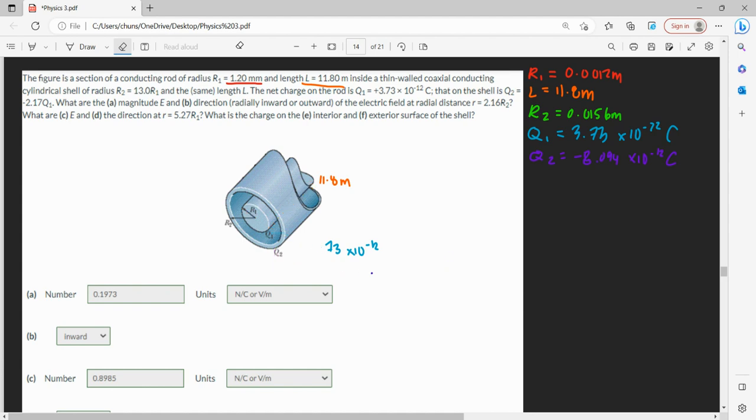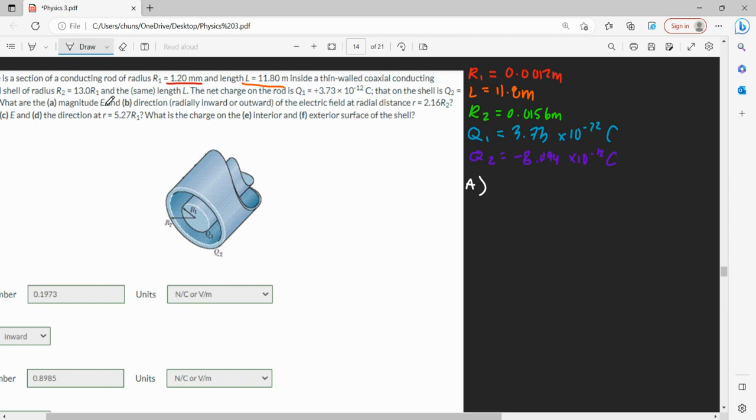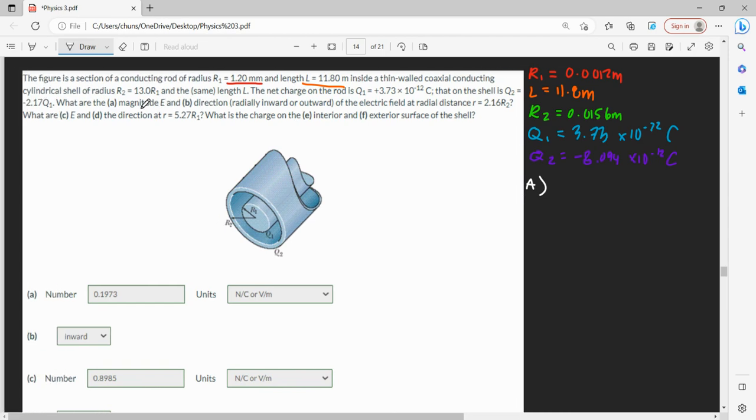So the first thing it's asking us to do, the first point we are measuring from is at a distance of radius equals 2.16 R2, which when we plug in our numbers is 2.16 times 0.0156, which is equal to 0.033696 meters.